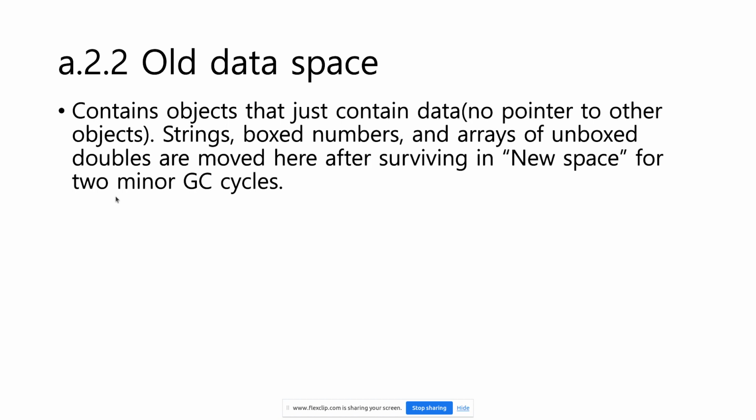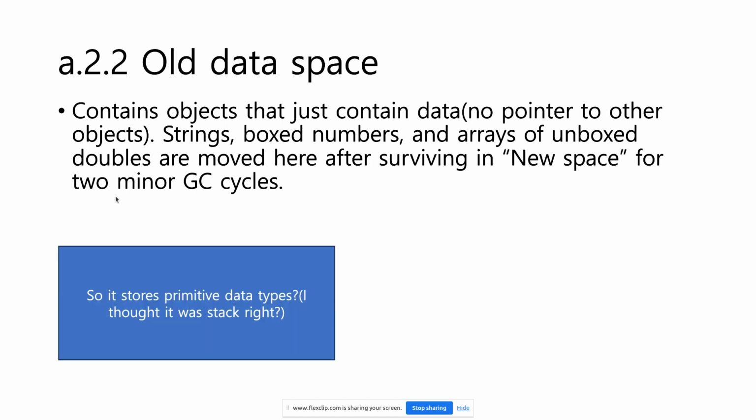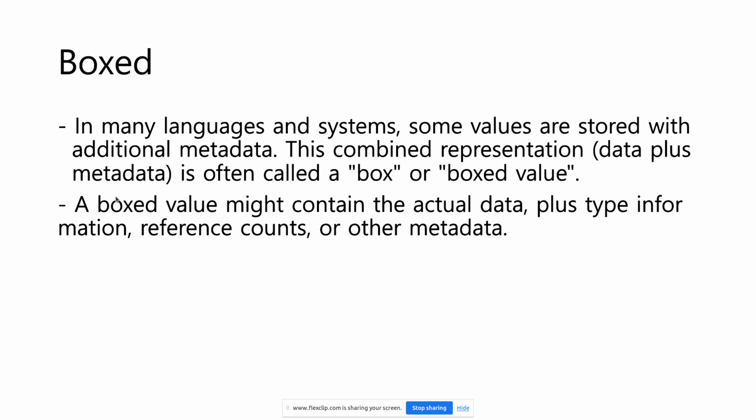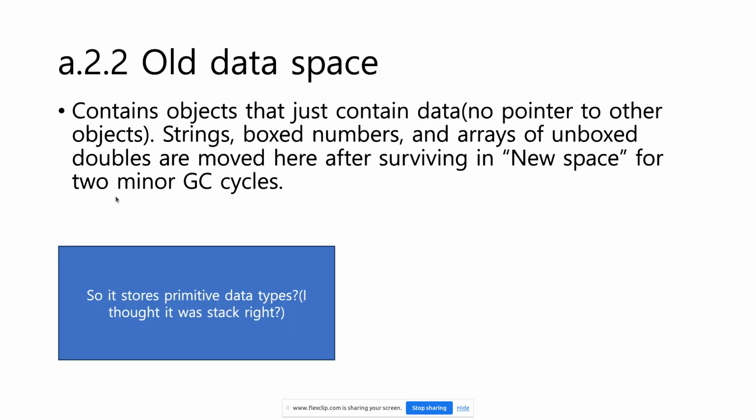Before I studied this, I thought all primitive data types were stored in the stack no matter what. But actually it is not. You can convert the primitive data type into another data type using a method, but we're going to skip that.